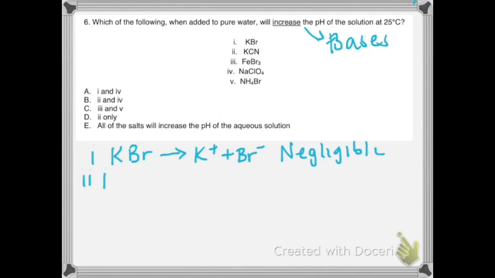For KCN, when we dissolve that, we get K plus, which we already know is negligible, and CN minus. Let's see. So CN minus, what's the deal with that? If we add a hydrogen, we end up with HCN. And HCN is a weak acid, therefore making its conjugate a weak base.